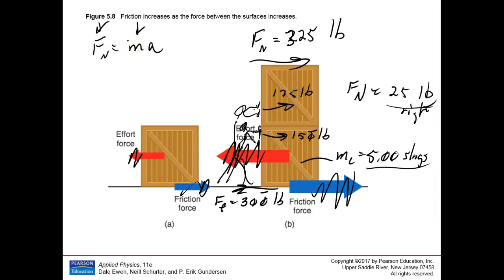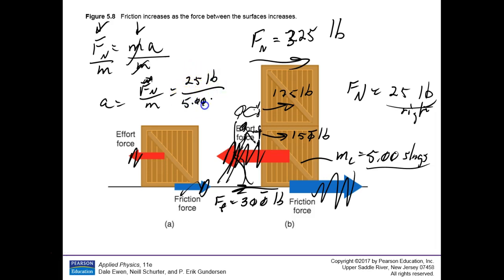So you can either divide and then plug. I call it chug and plug or plug and chug. It doesn't matter which one. Let's just go on and divide by mass, both sides. So your acceleration would be the net force, divided by mass, okay, which would be 25 pounds, that's only two significant digits, divided by 5.00 slugs, and what would that be? 5.0, because you can't get more precision out than you had in.